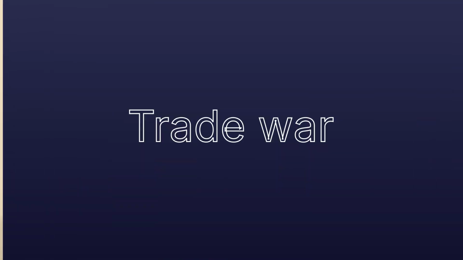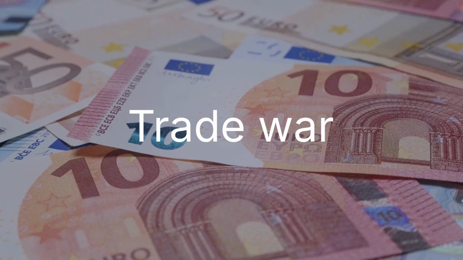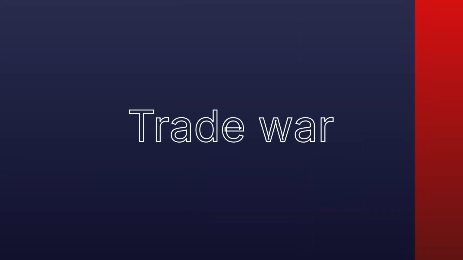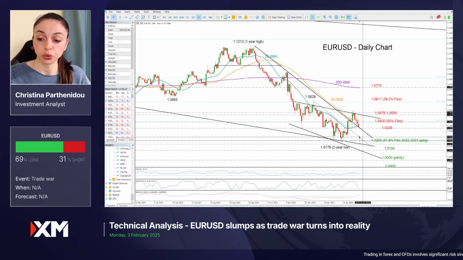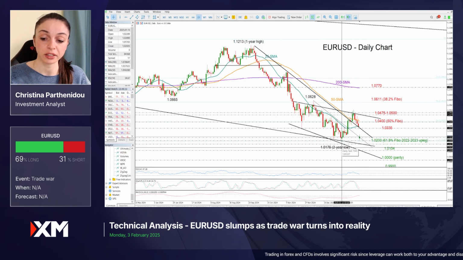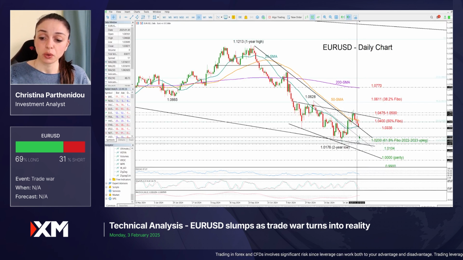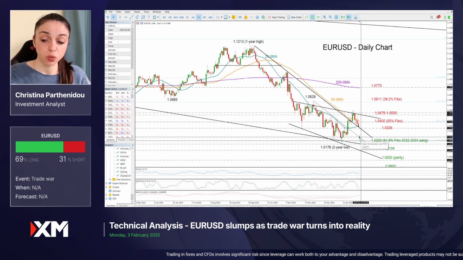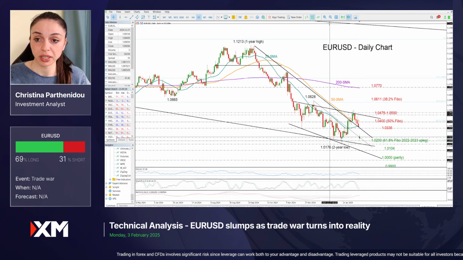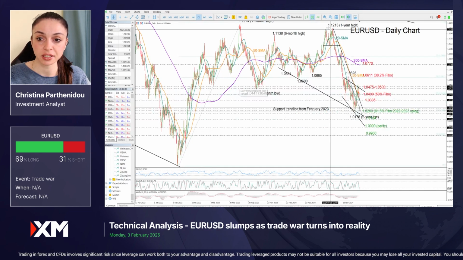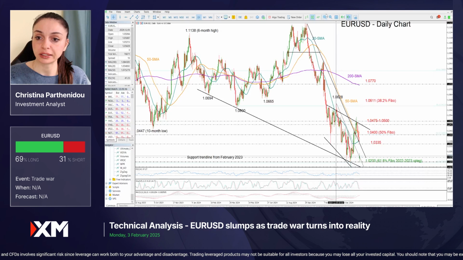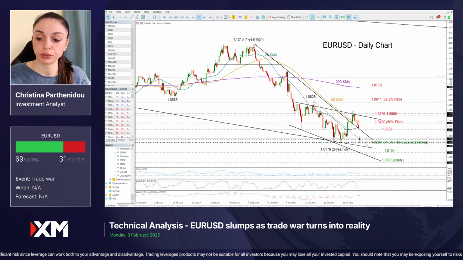And let's first start with euro dollar, which opened the week with a large negative gap, falling as low as 1.02 earlier today. That's close to January's low of 1.0176. The 61.8% Fibonacci retracement of the 2022 and 2023 uplift is around the same region, so that creates a hope for a rebound.